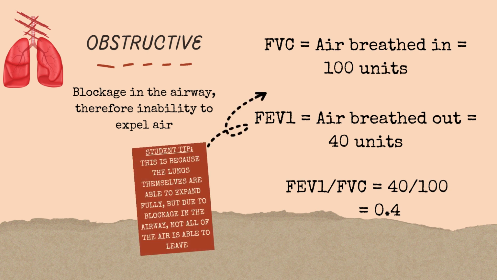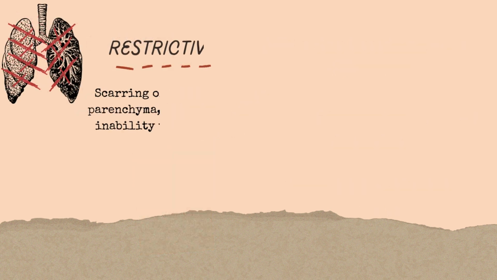And so the reason for this is because the lungs themselves are able to expand fully, but due to a blockage in the actual airways, not all of the air that was taken in is actually able to leave. Now let's take a look at the restrictive picture.